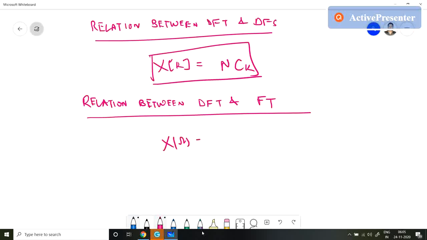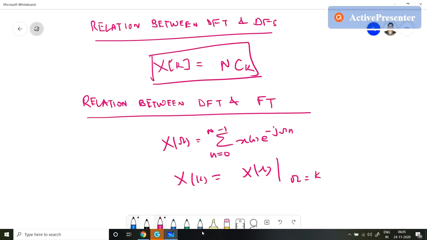So what is the relation? X(Ω) is equal to summation n equals 0 to N−1 of x[n] e raised to the power minus jΩn. Then we can see that X[k] is equal to X(Ω) at Ω equals 2πk divided by N, that is X(2πk/N).